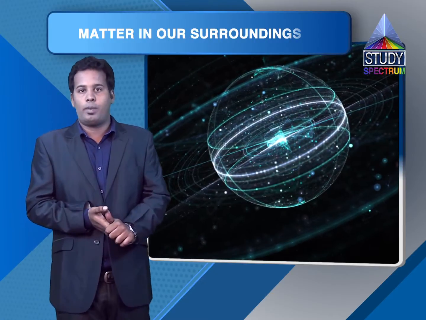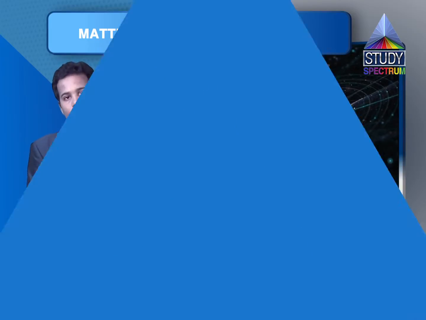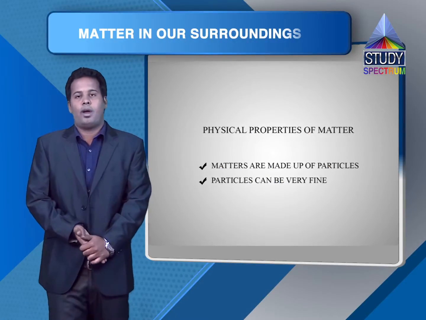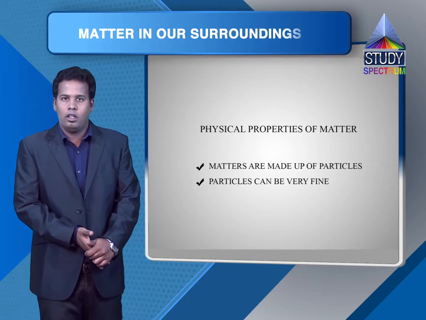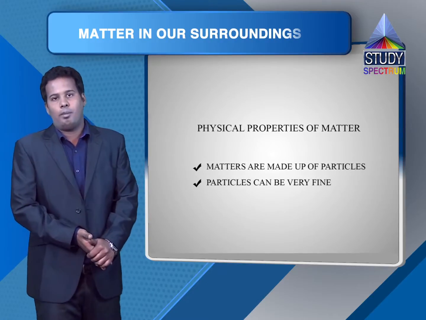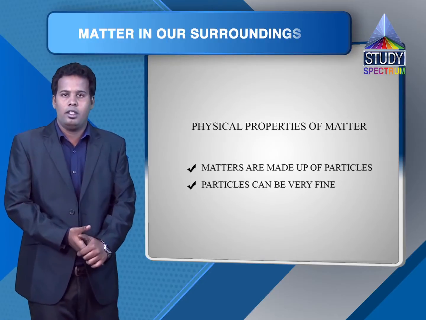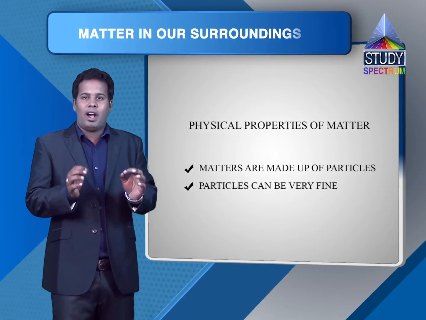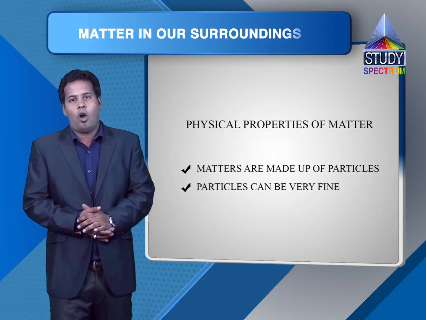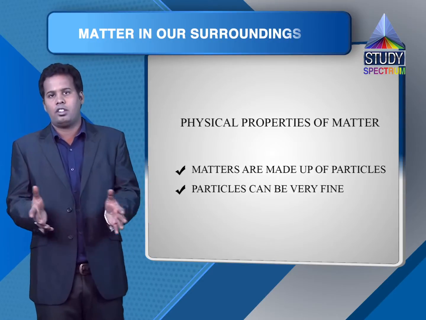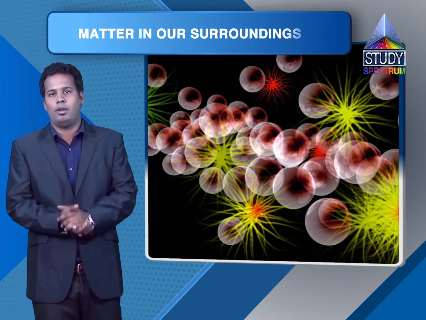That was the second physical property of matter. So the 2 physical properties of matter we have just seen are: matter is made up of particles, first property, and the second property is how fine or how small these particles of matter can be, which we have just elaborated with an example.